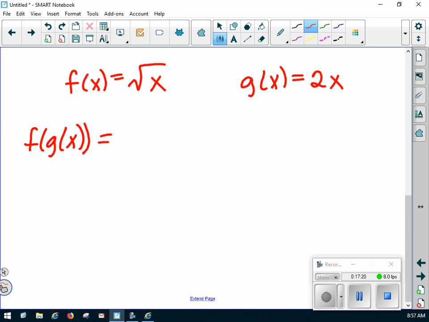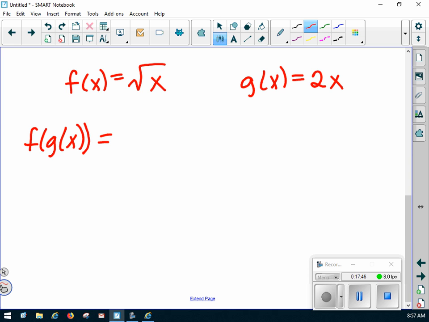If you need to draw the machines, you are absolutely welcome to, but that takes some time. Can you think through the machines without drawing them? What goes into g? x. So that's just 2x, right?